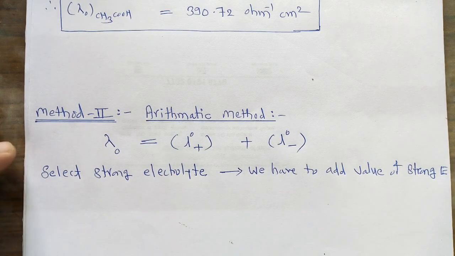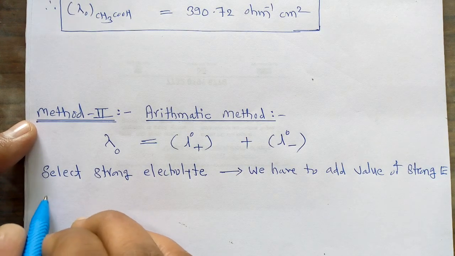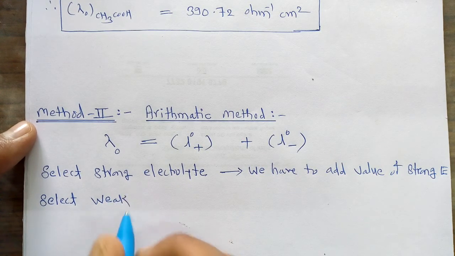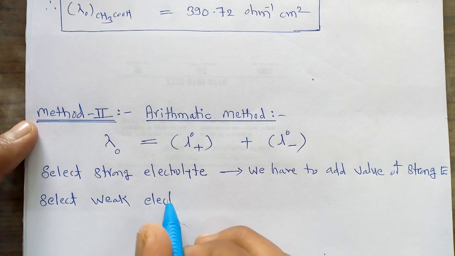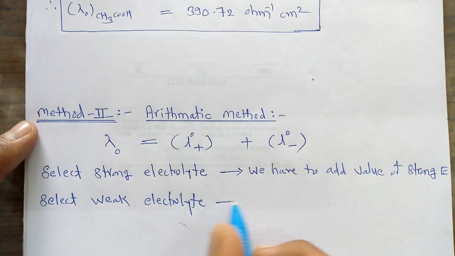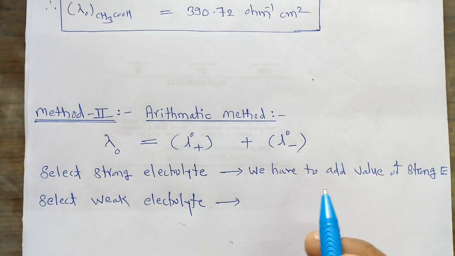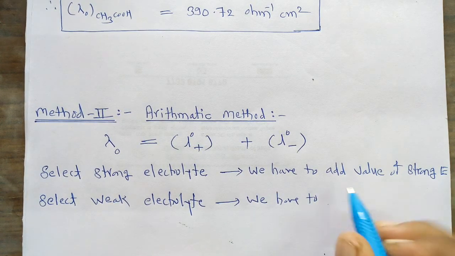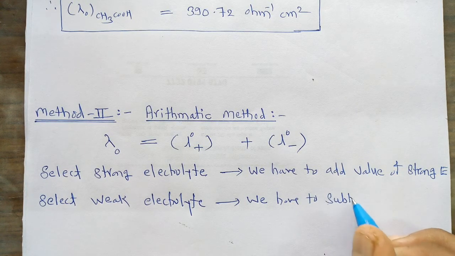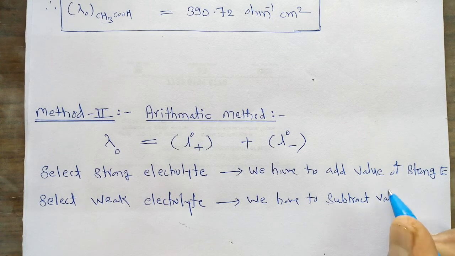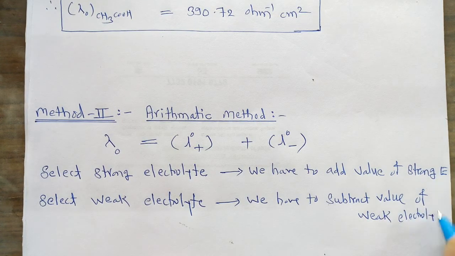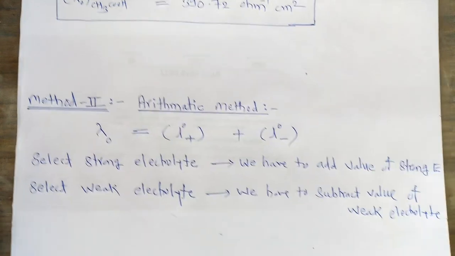On the other hand, we have to select the weak electrolyte, and after that we have to subtract the value of the weak electrolyte. This is the simple method we have to follow.